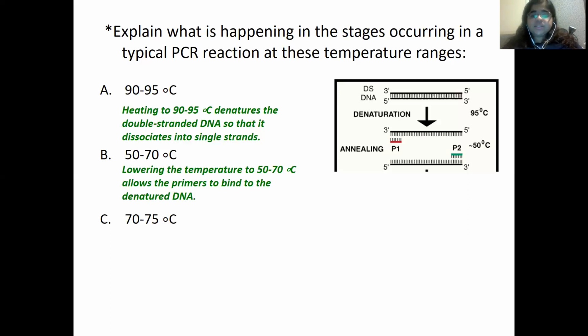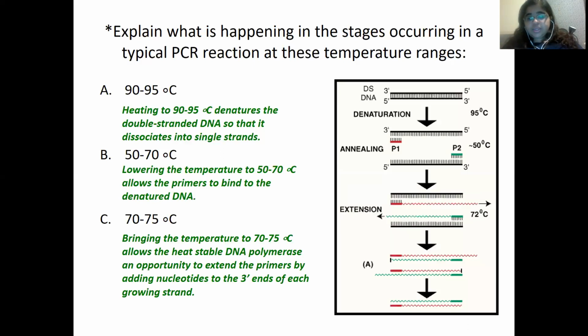Next, we have 70 to 75 degrees Celsius. What's happening there? That's when the DNA polymerase comes in and extends, adding all the nucleotides to the 3' end of the primer itself.